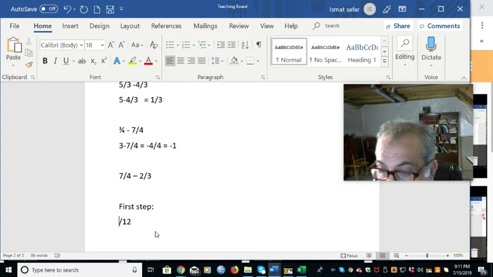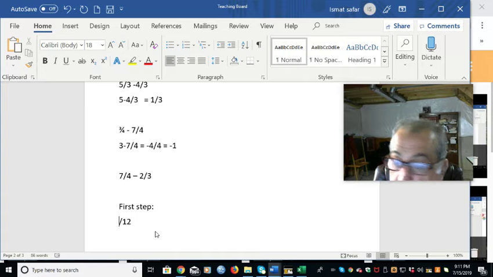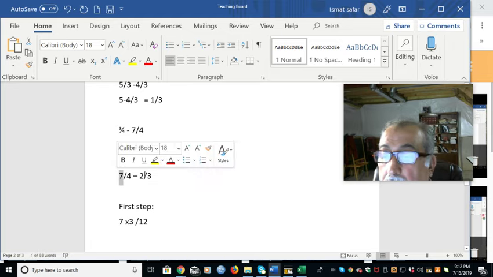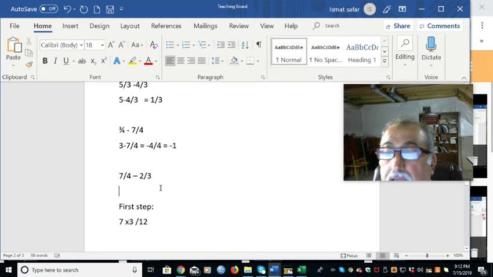And at the top, what numbers do we use over 12? We multiply 7 times 3, this 7 times this 3, the top of the first fraction times the bottom of the second fraction.